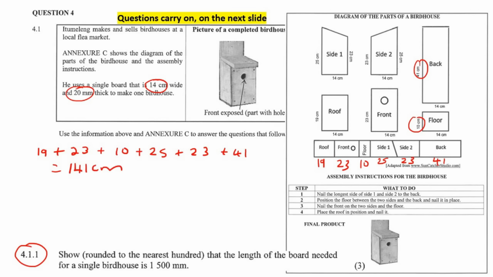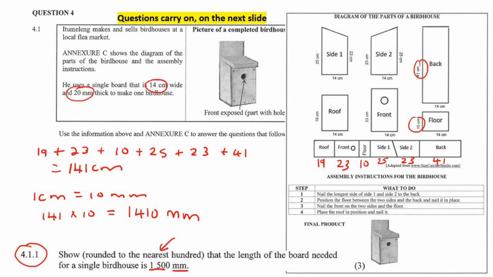So it says, show that, rounded to the nearest hundred, the length would be 1,500, and that's in millimeters. Remember that 1 centimeter is the same as 10 millimeters. So we can say 141 multiplied by 10, and that's going to be 1,410 millimeters. Now when they say to the nearest 100, you don't want to just round this down to 1,400, because this is a piece of wood that you need to make something.